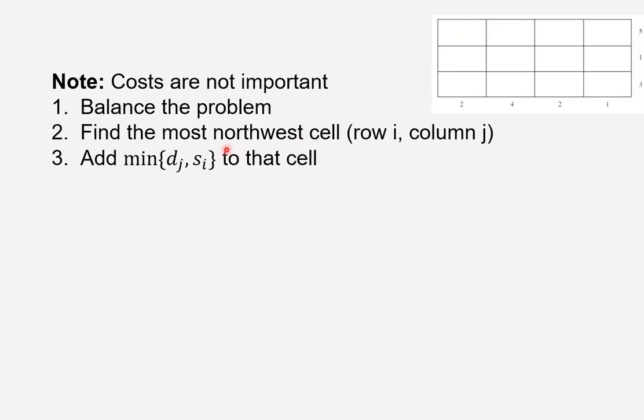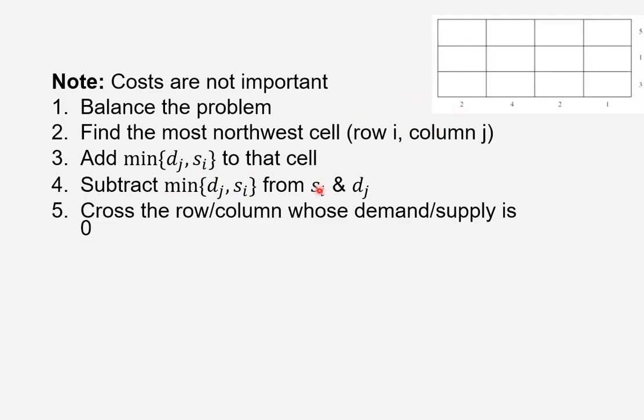Add the minimum of D_j and S_j, which means if this is my selected cell, what's the minimum of 2 and 5? It's 2. It says add that here. Add 2 here and then deduct it from this and that. So this becomes 0, this becomes 3. Subtract that minimum value, minimum of 2 and 5, from both of these points, and cross the row or column whose demand or supply is 0.